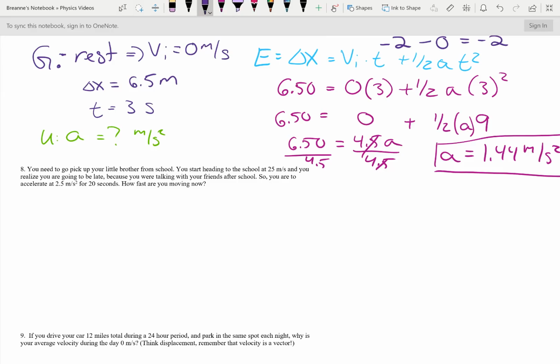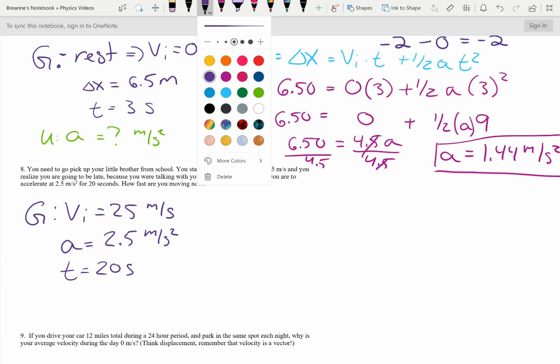So let's write down our givens. Our initial velocity is 25 meters per second. Your acceleration is 2.5 meters per second squared. Your time is 20 seconds.